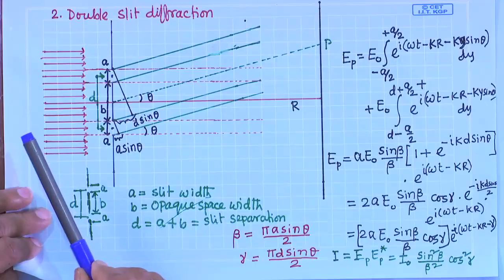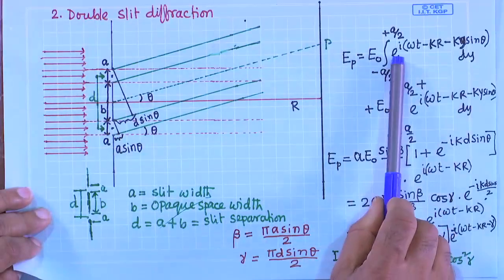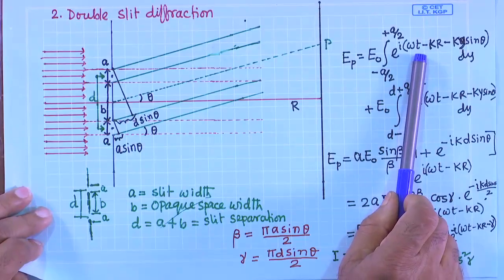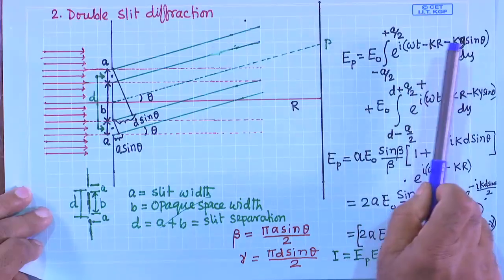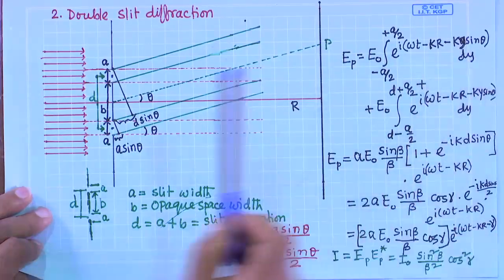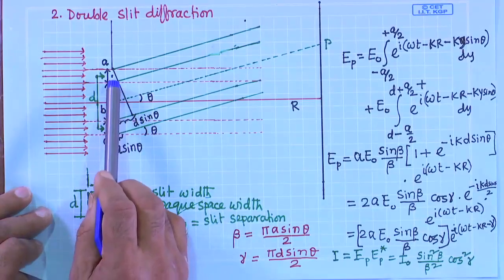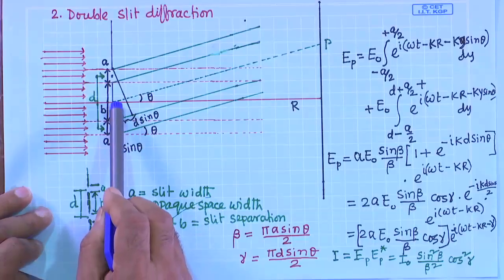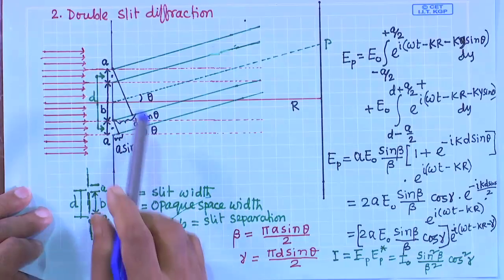The light coming in is E0 e to the power i(omega t minus kx), here minus kr minus k y sin theta dy. As in the single slit, we choose a point along the y axis, at y, and consider a very small width dy.